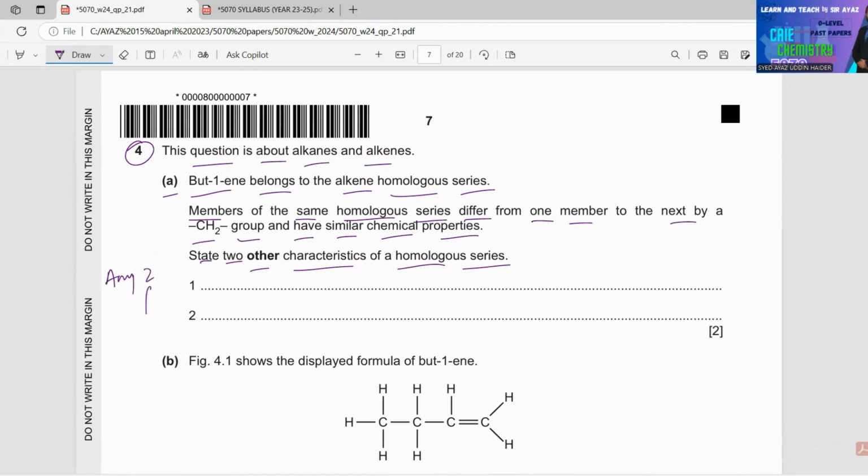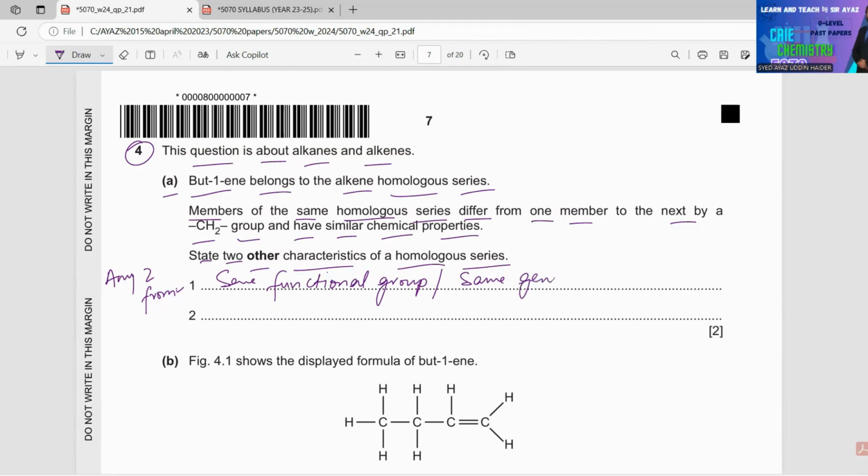Homologous series have the same functional group, or the same general formula.